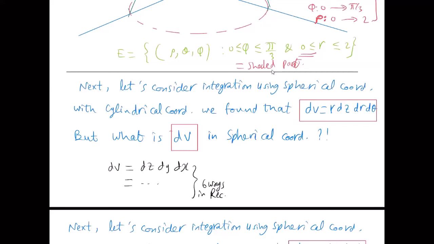In cylindrical, we change dx dy into r dr d theta, while dz is the same.